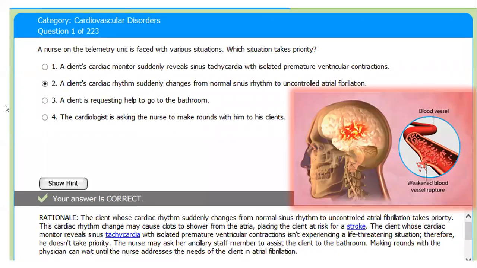The correct answer is number two. The client's cardiac rhythm suddenly changes from normal sinus rhythm. What is the normal heart rate originating from the SA node? We call it sinus rhythm, and it is normal. But the normal sinus rhythm suddenly changes to uncontrolled atrial fibrillation.